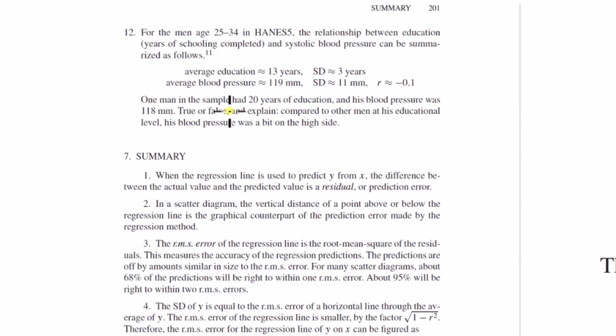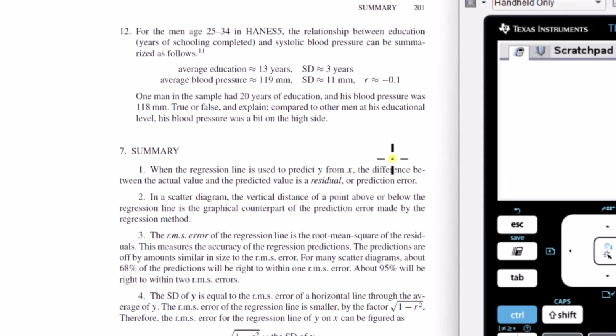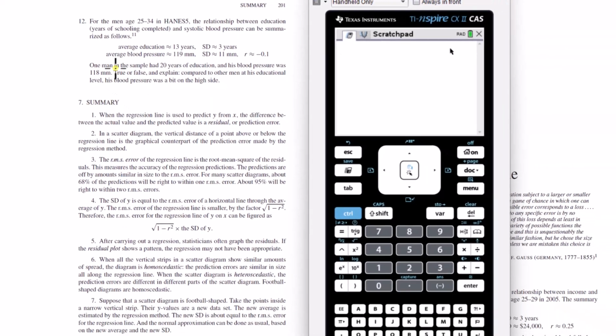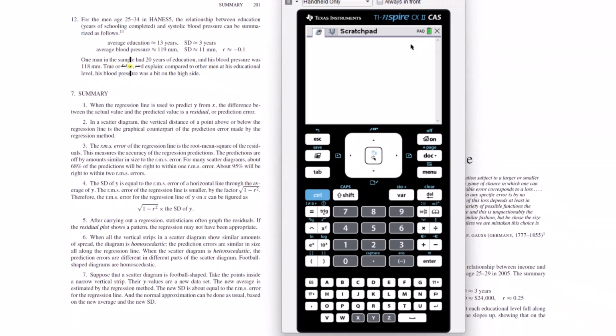So let's think about how 20 years of education is the input. What's the average for the regression line? So 7 years above average divided by 3. Now we want to go the same number of standard deviations with respect to the output, but then multiply that by the correlation coefficient.